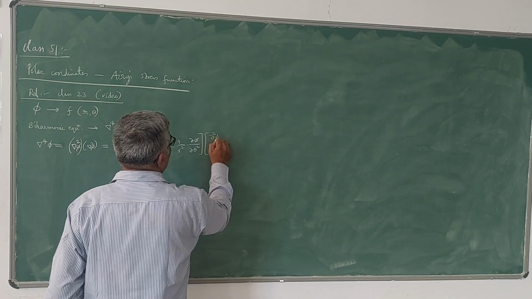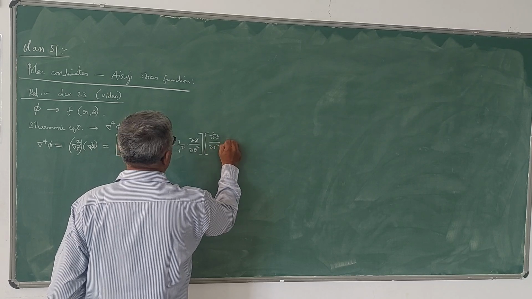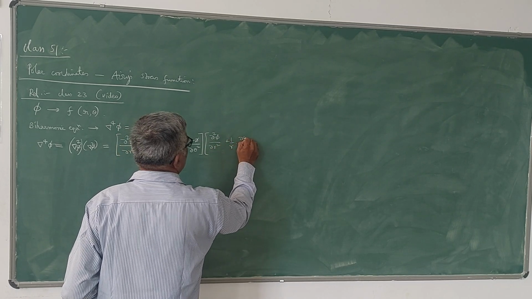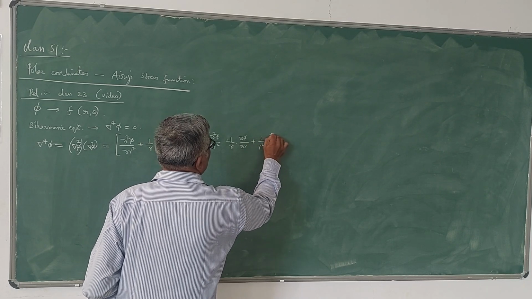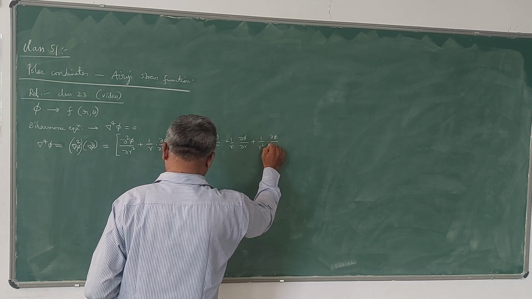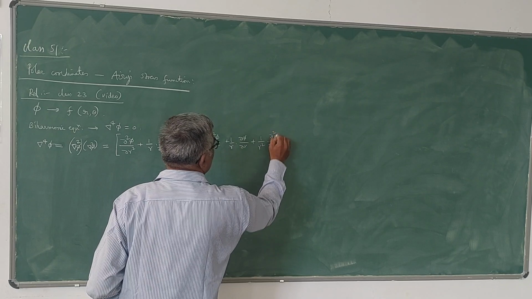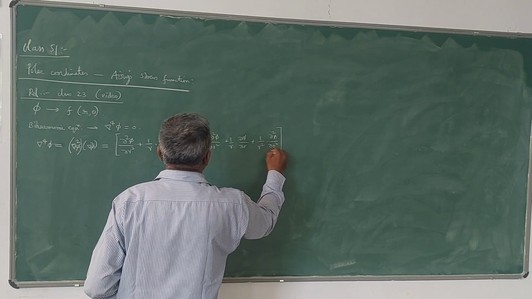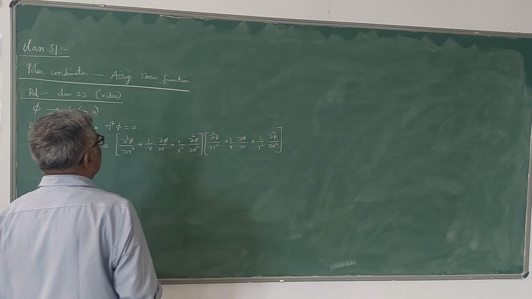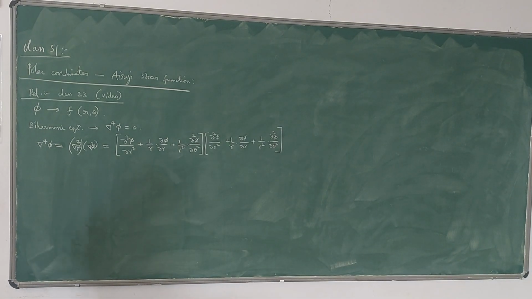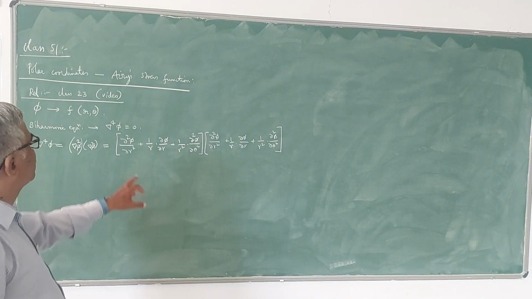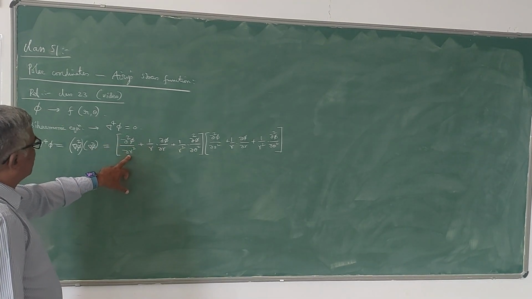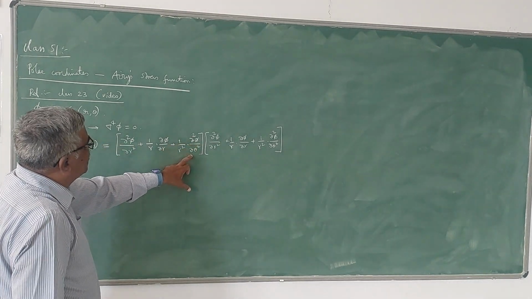Dou square phi by dou r square plus 1 by r into dou phi by dou r plus 1 by r square into dou square phi by dou theta square. The denominator has got power 2, the numerator also will be having power 2. See here, dou square phi by dou r square, dou square phi by dou theta square.